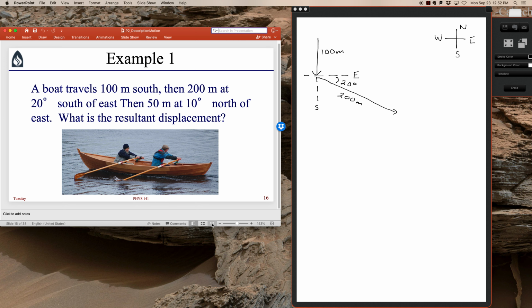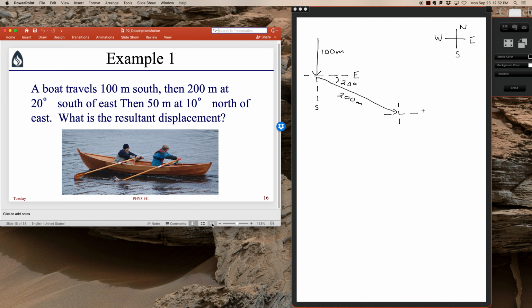Then finally, the boat undergoes a displacement of 50 meters, 10 degrees north of east. So once again, I draw a bit of a coordinate system here at the tip of my second vector where I'll add the third. I need to add this third vector so that it's pointing in a direction that is 10 degrees north of east.